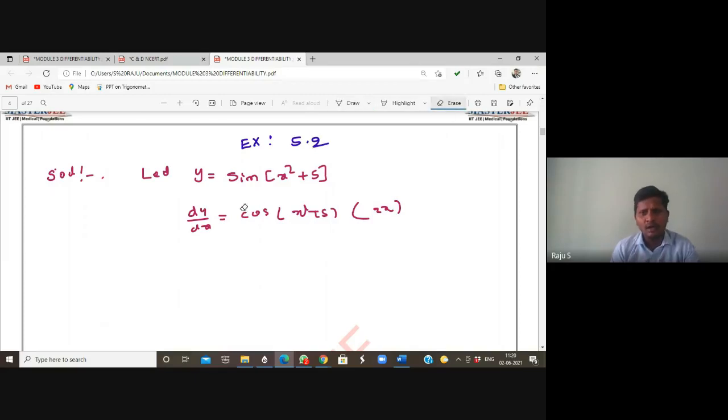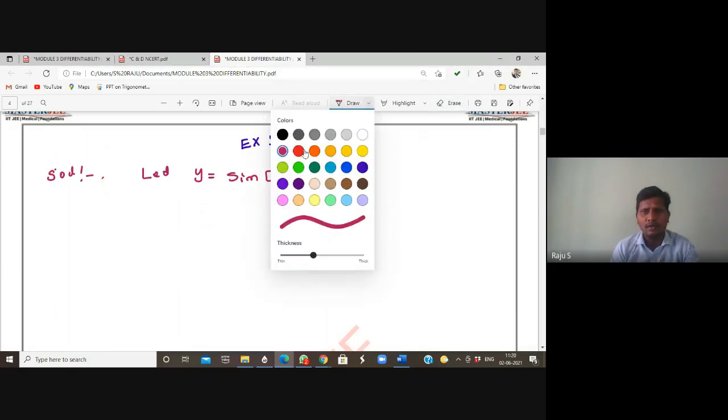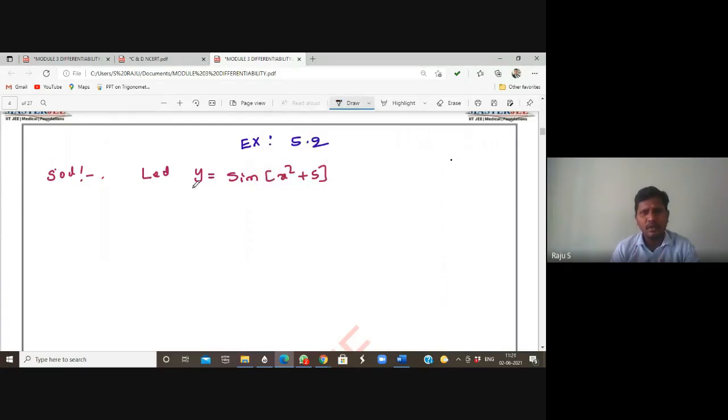I have written it like this already 2-3 times, but we should not do it like this. If you do it this way, the answer is correct, but you don't get full marks. So what to do here? Let us consider x squared plus 5 equal to u, which implies u is equal to x squared plus 5. Is that clear?